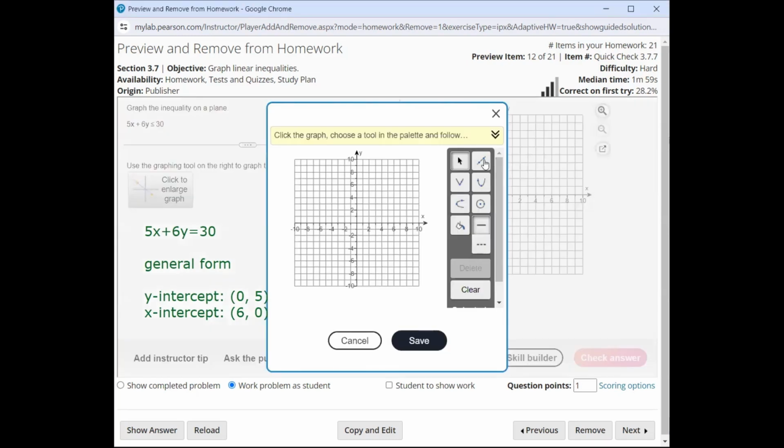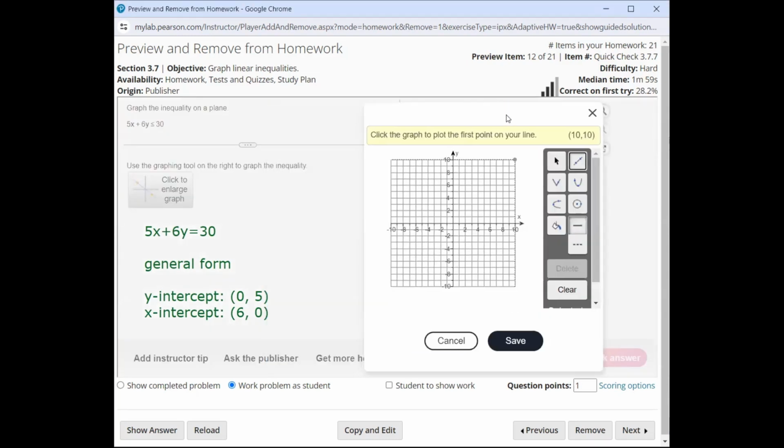Okay, we will draw a line that goes through 0 comma 5 and 6 comma 0. Always I check the right hand corner to make sure that I select the right coordinates. Okay. Now we have drawn the line.